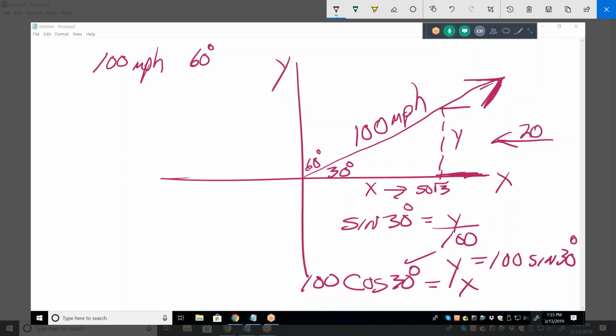So the net horizontal movement is going to be 50√3 minus 20. Okay. Not going to affect my vertical motion. But that's how these problems usually work themselves out.